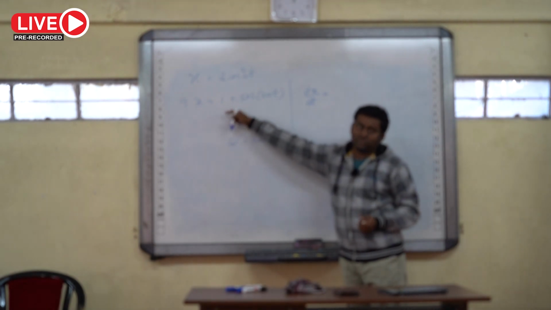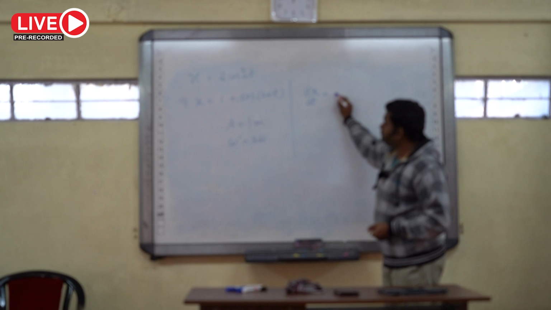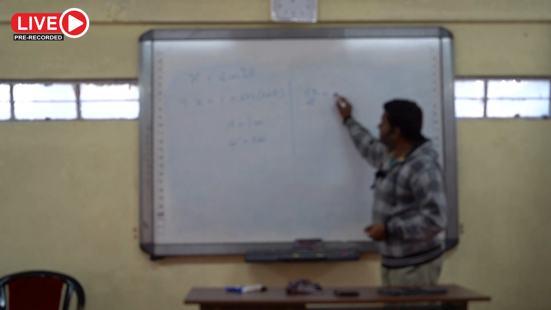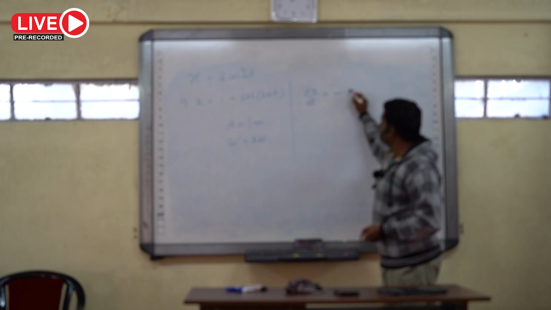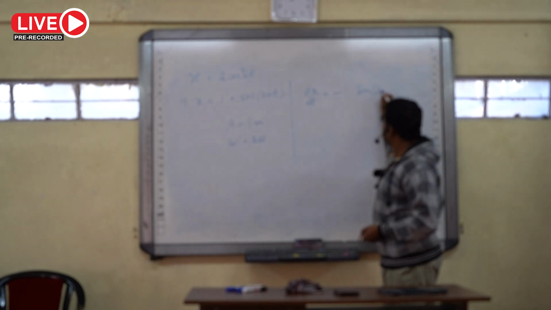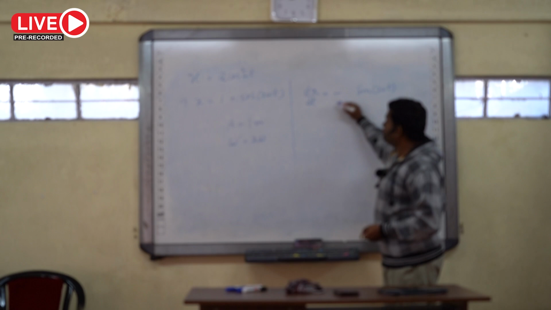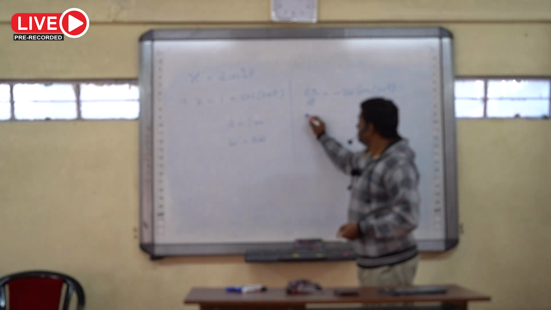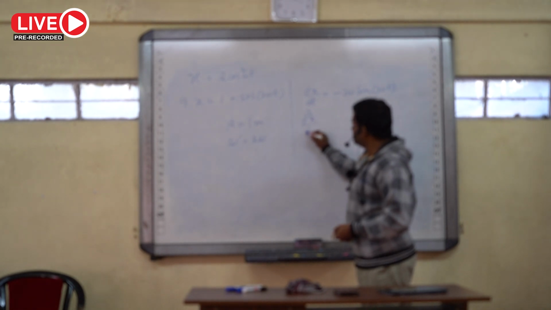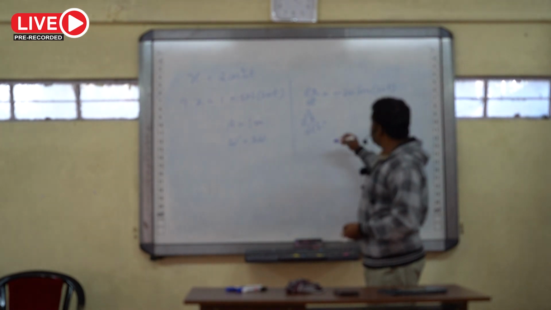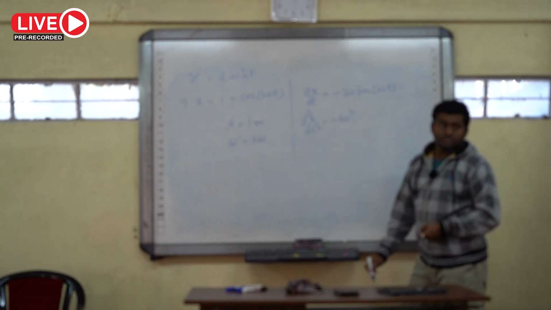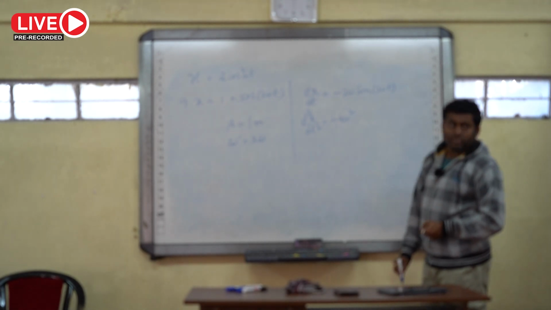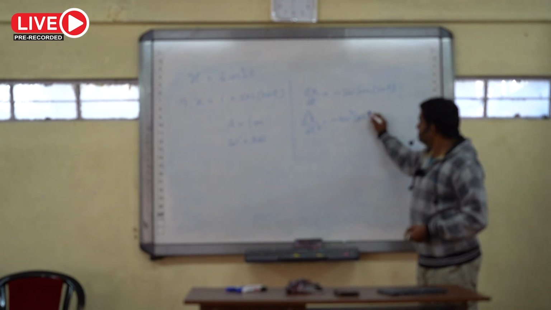Derivative of 1 will be 0, and derivative of my cosine function will be minus sine 2 omega t, and 2 omega comes out. Then again calculate the differentiation d2x dt2. Another 2 omega will come out, so it will be 4 omega square, then cos 2 omega t.